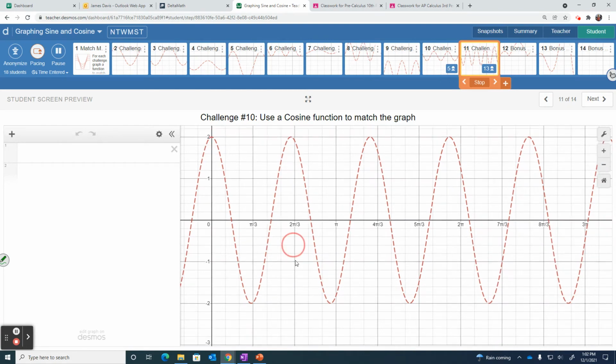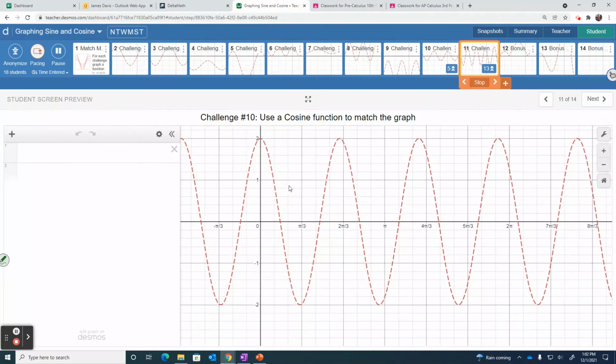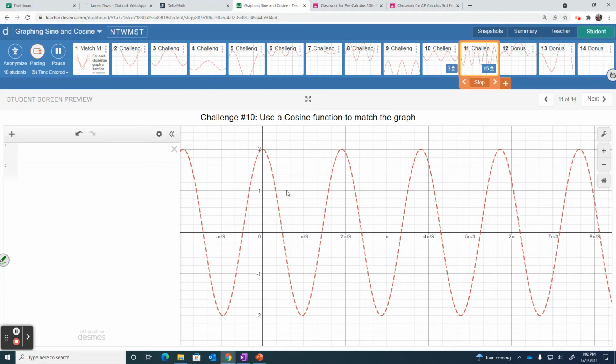All right, try this last one. I think it's pretty easy. So this one, the period is not 2 pi over 3. It looks kind of like 2 pi over 3. But if you click up at the top there, you can see it actually ends at 2. So the period is 2.